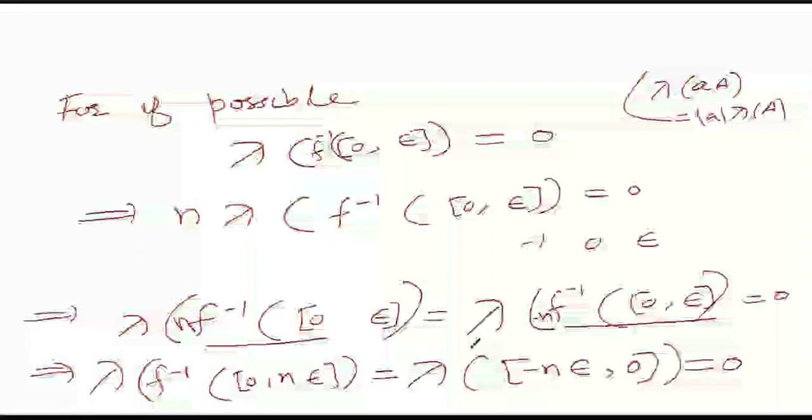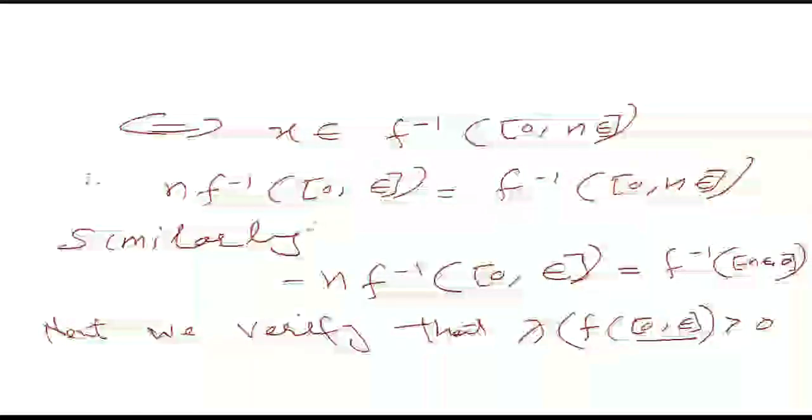You can see it here. n times f inverse of 0 to epsilon is equal to f inverse of 0 to n epsilon. And similarly, minus n times f inverse of 0 to epsilon is equal to f inverse of minus n epsilon to 0.